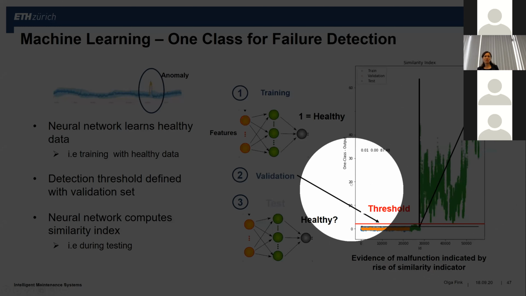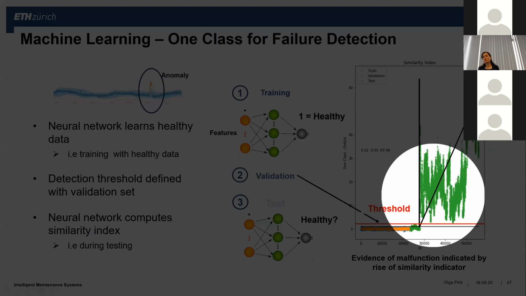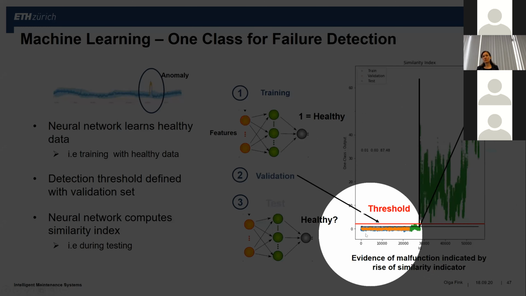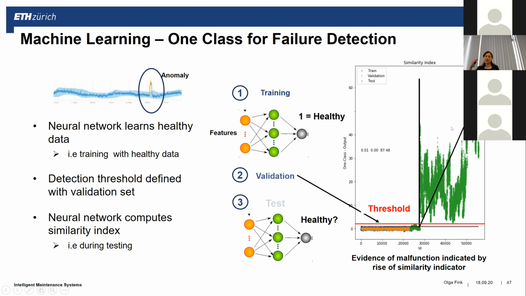So that's how we can interpret it, but we cannot interpret the output directly. But what it gives us is that we can start monitoring how the health evolves over time, and it does not only provide us this binary information of whether it's anomalous or not.